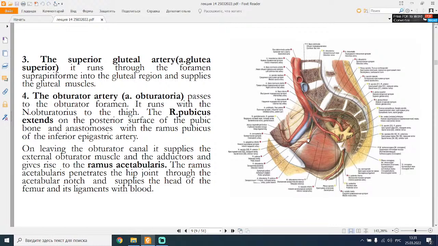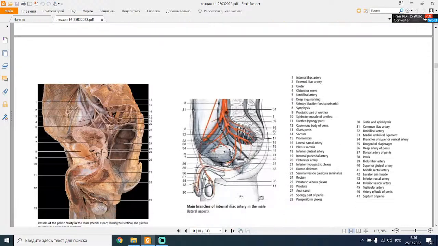This is arteria obturatoria. You see the obturator artery.